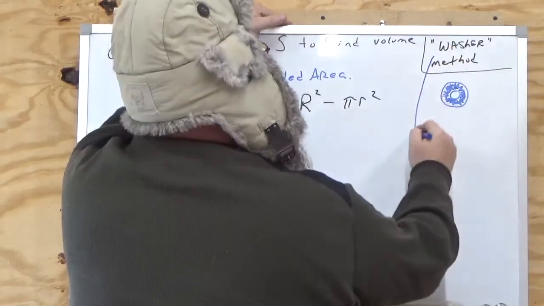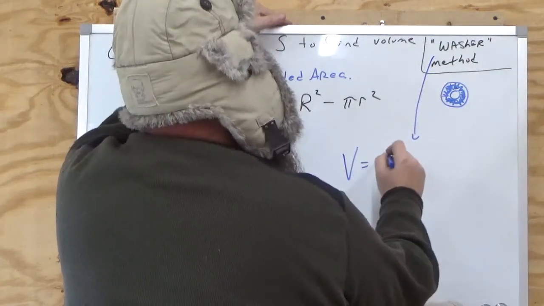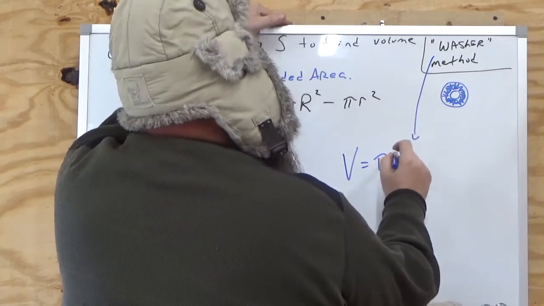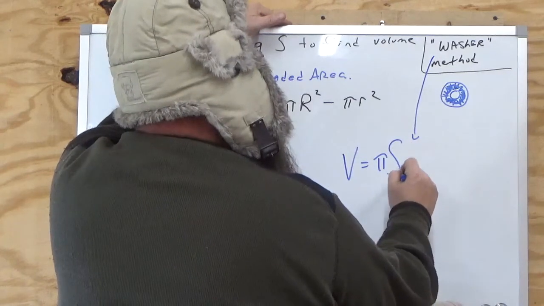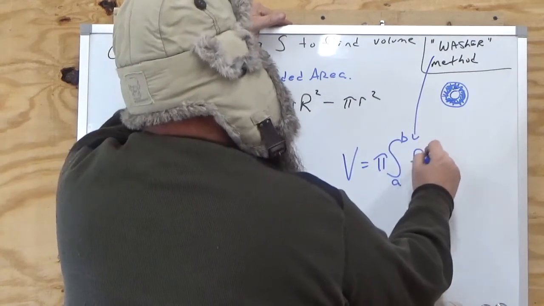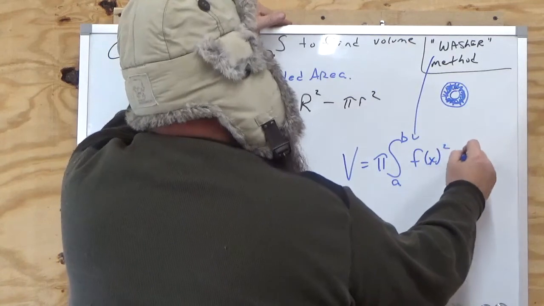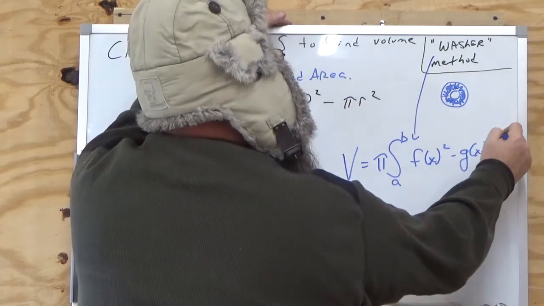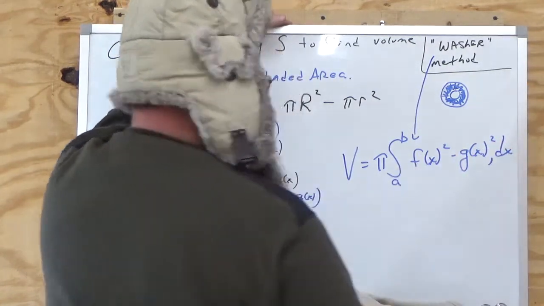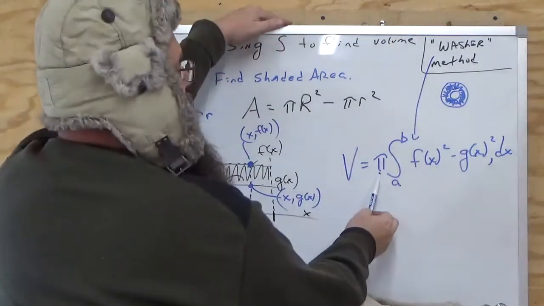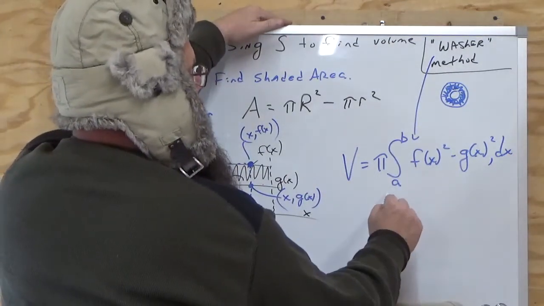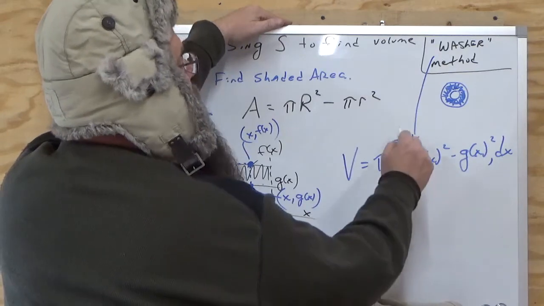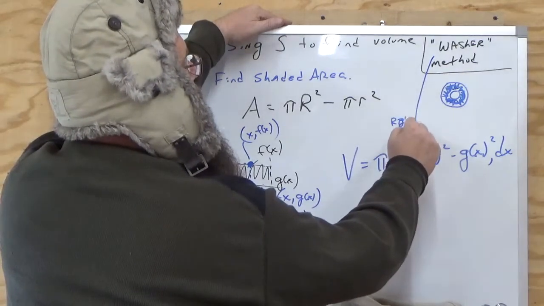Washer method, boom. Volume, V, equals pi times the integral from a to b, f of x squared minus g of x squared, differential dx. Pi is a constant. A is what? Left boundary. B is what? Right boundary.